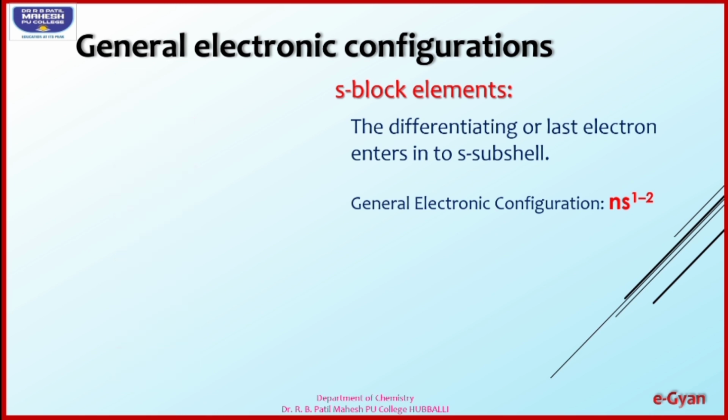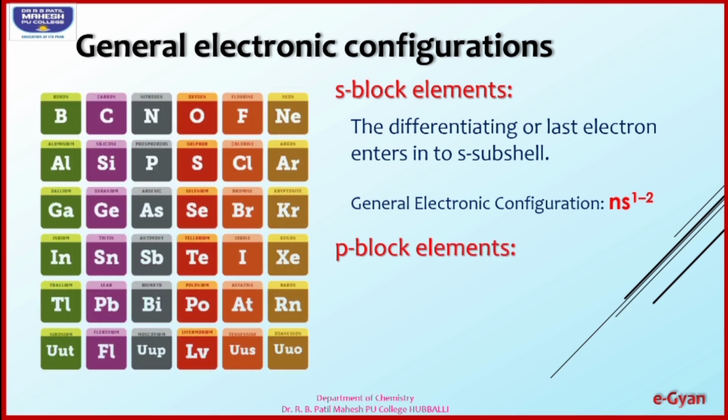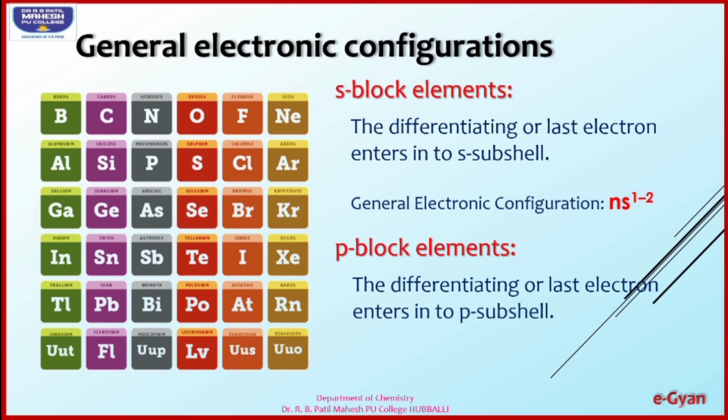Moving further, p block elements, group number 13 to 18 are known as p block elements. Definition is the differentiating or the last electron enters into p subshell. The general electronic configuration for p block elements is ns 2 np 1 to 6.